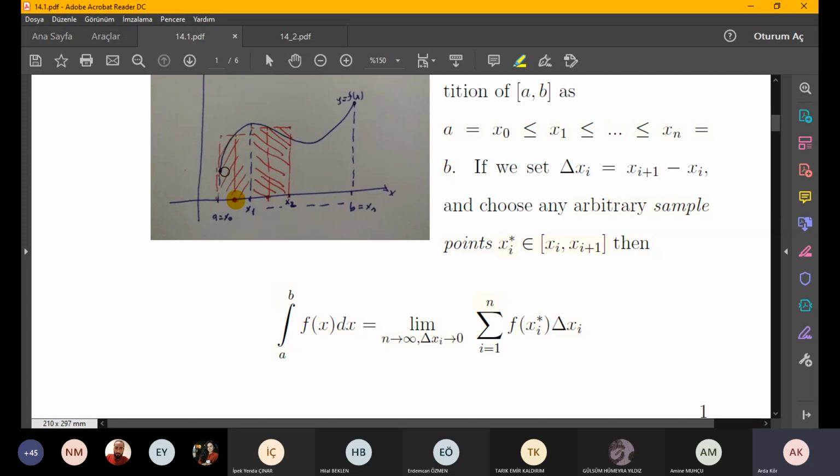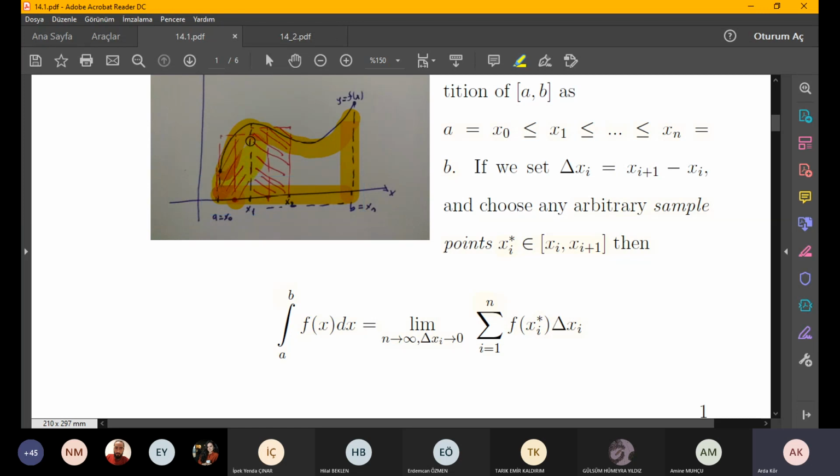Which is actually the area under the graph of f(x), which is positively defined here, above the x-axis, and also between the lines x equals b and the other line x equals a.